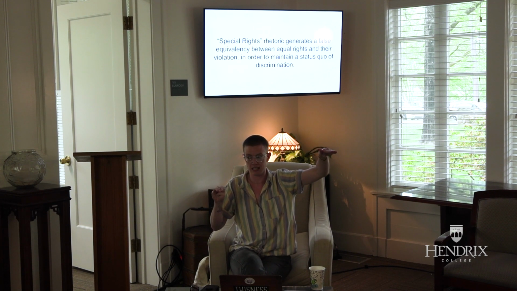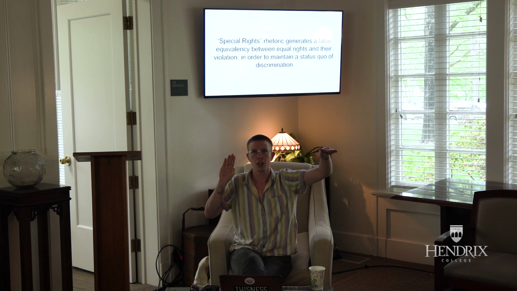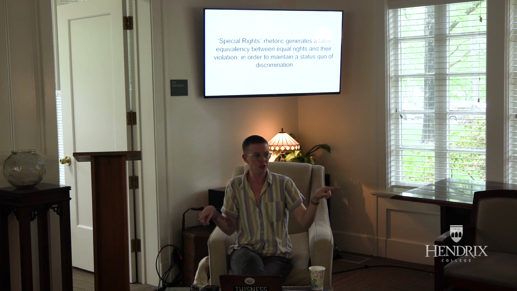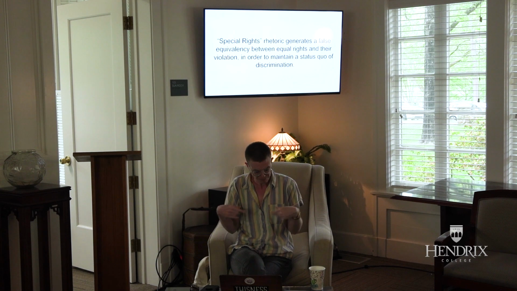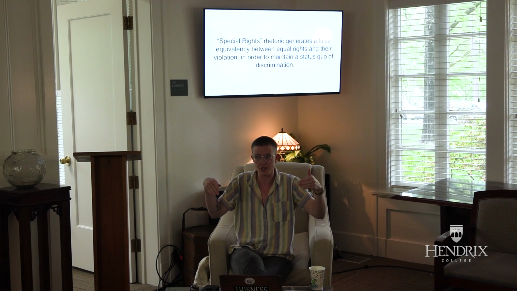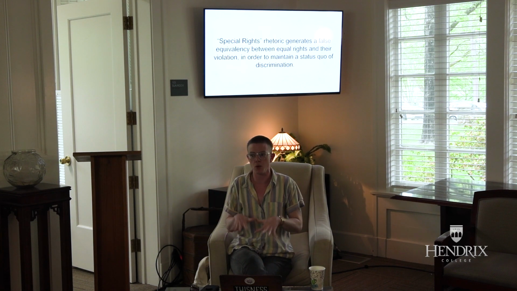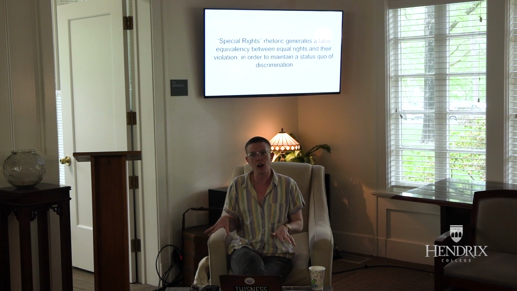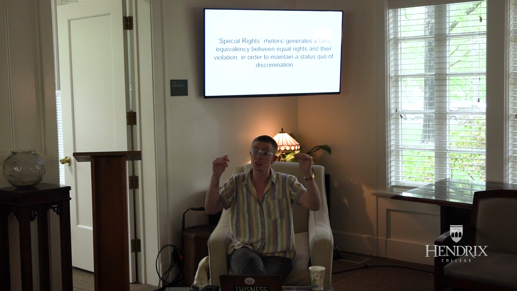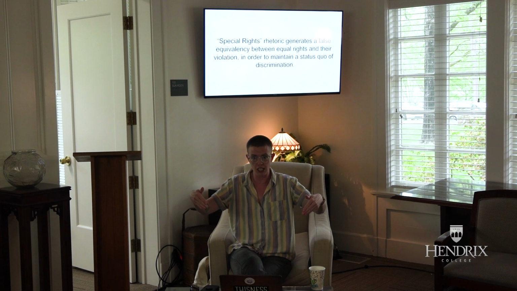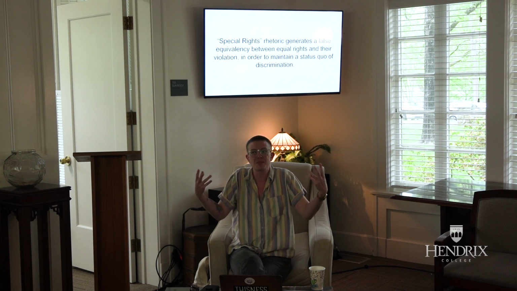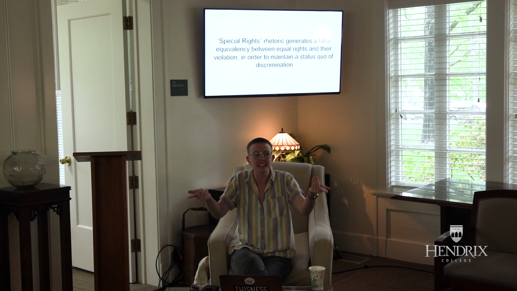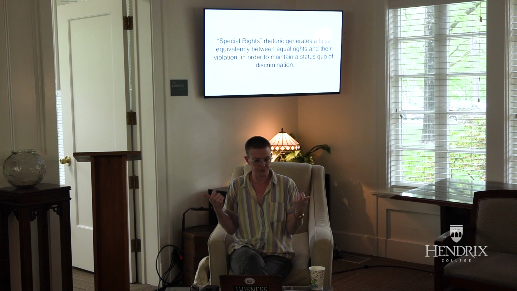Because they're not getting a special right. And so it becomes what people will call reverse discrimination, right? And so this allows us to maintain the status quo of discrimination that's already in place. Because now, anytime we try to protect a group from discrimination, we're actually giving them something special that not everyone else gets, and that's the wrong thing to do.